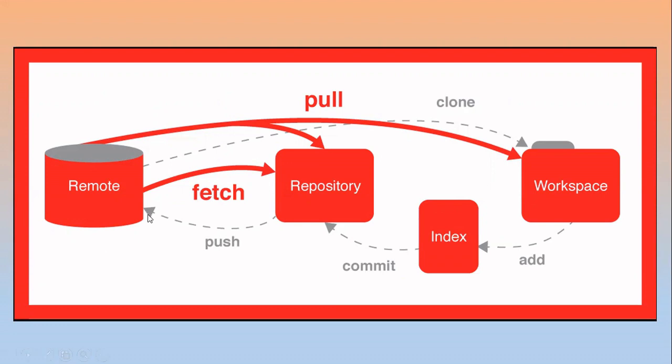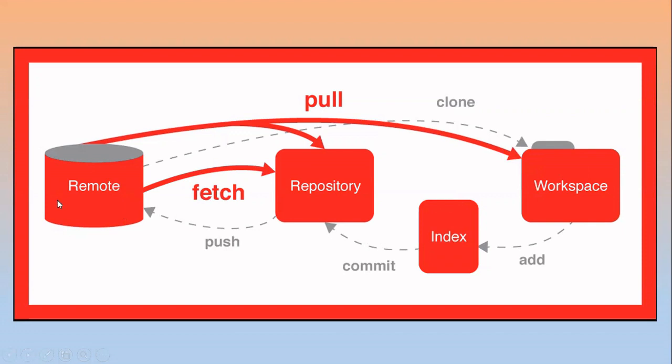So when you're fetching it, you will get everything from your remote repository to your local repository. It will not come to your local workspace. The changes will not be merged unless you explicitly merge it. So this way, fetching is a safe way to review commits before you are integrating it with your workspace.